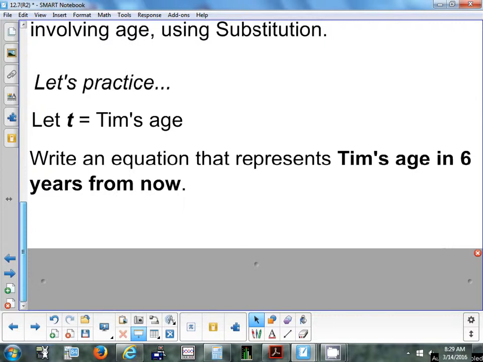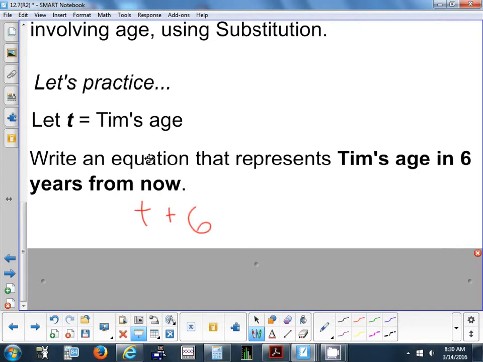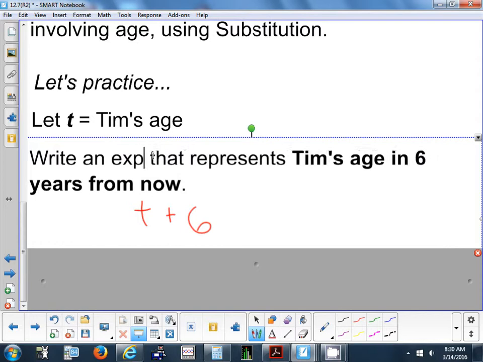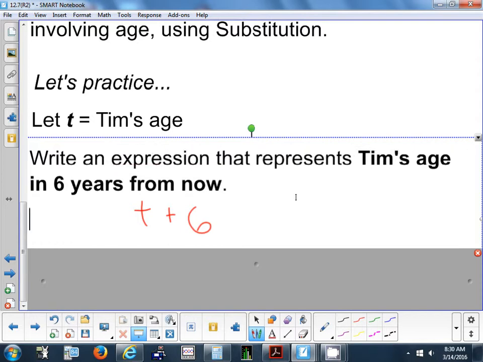When you see in years from now, that means you're going to add, right? You're going to the future, so you have to add. It's going to be T plus 6. We're giving you how you're going to represent Tim's age, and you're going to add 6 to it.